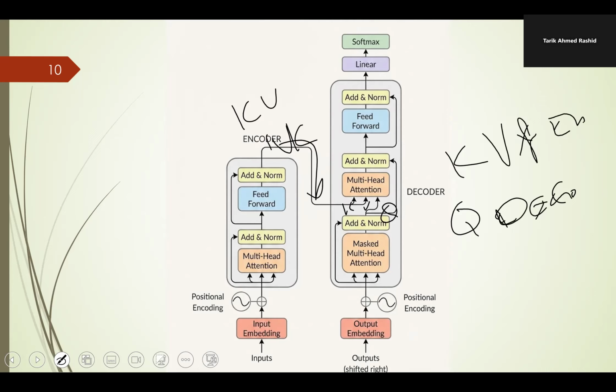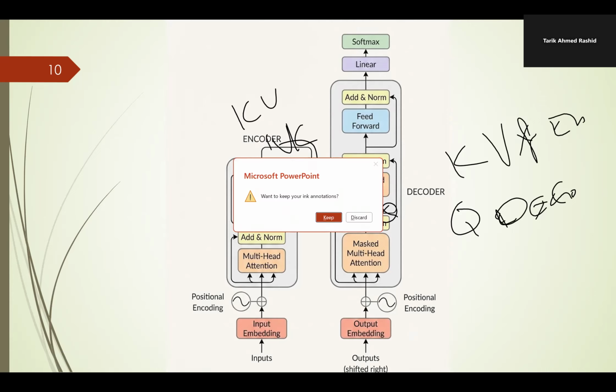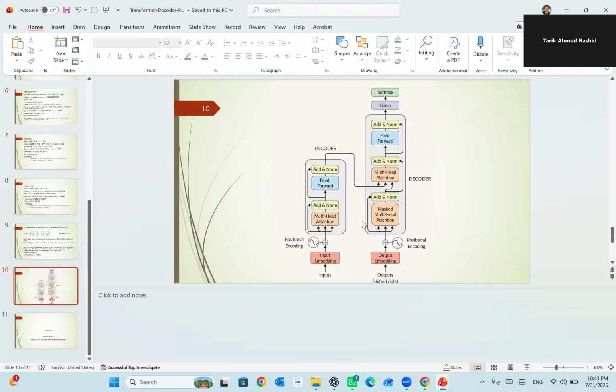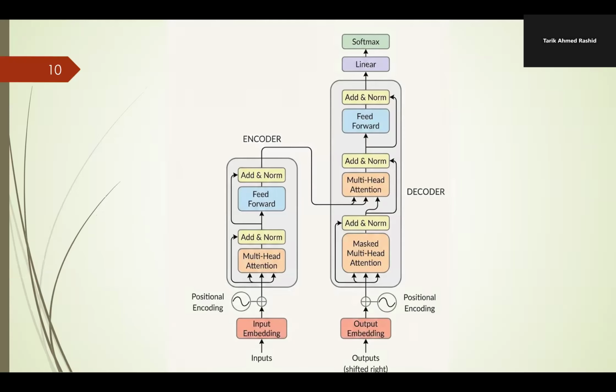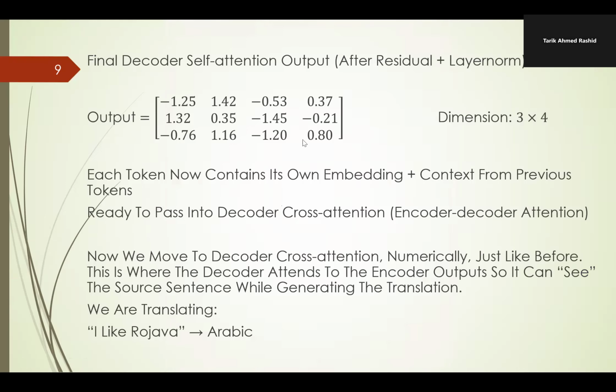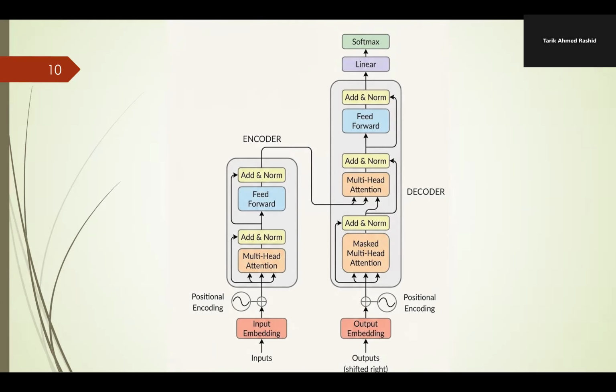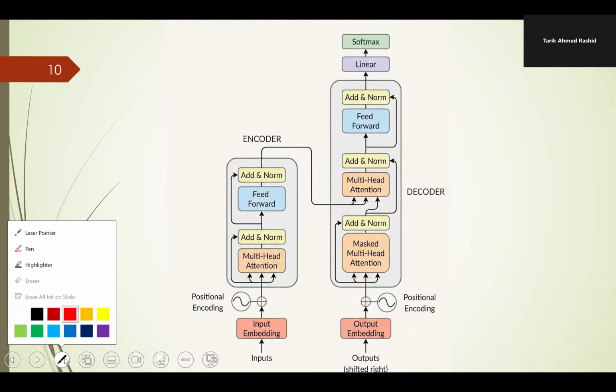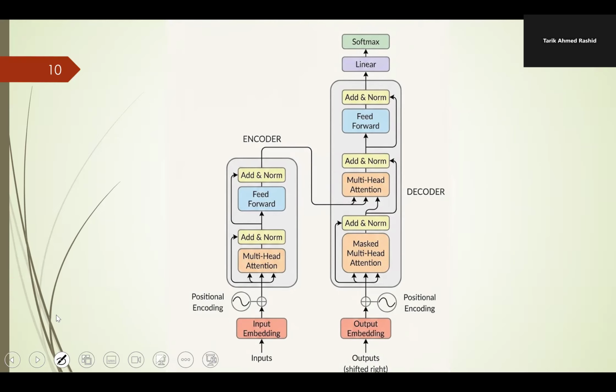Just to show you a better representation one more time: from the encoder, we take this line, and that goes here and here.